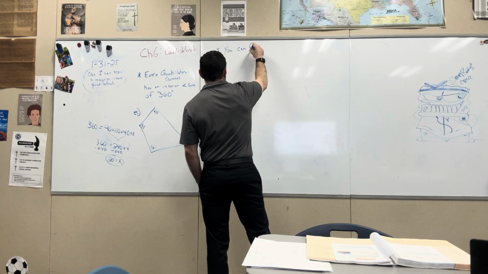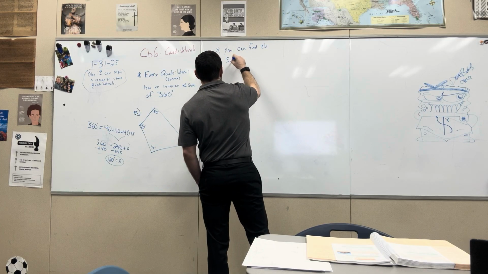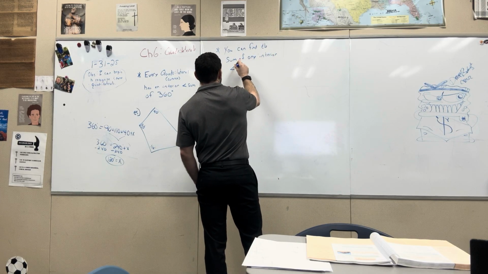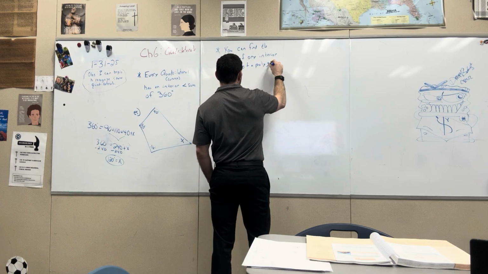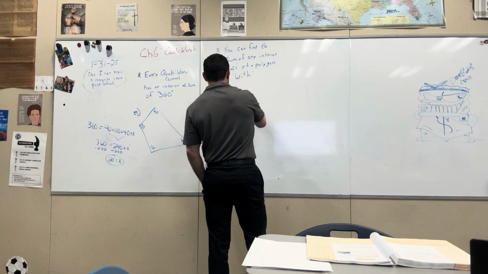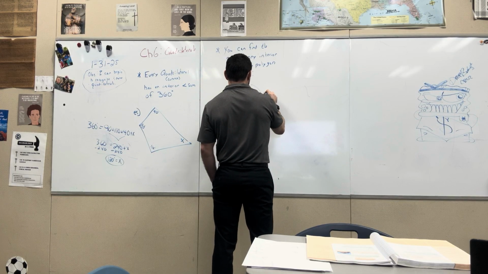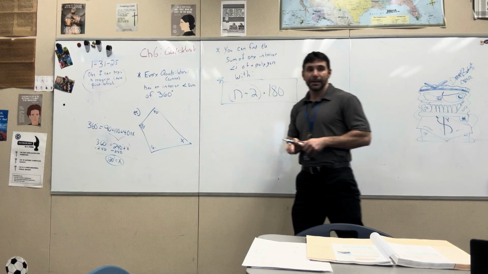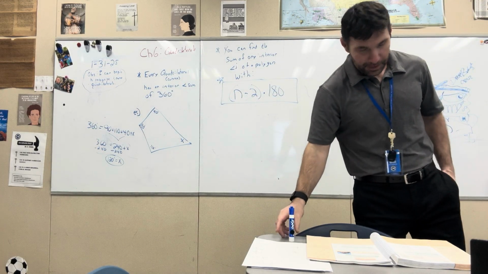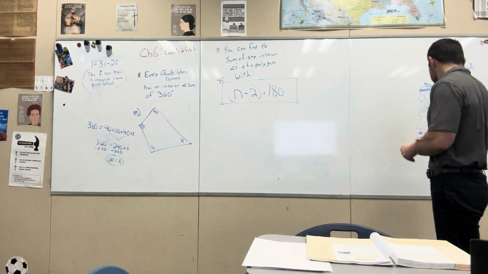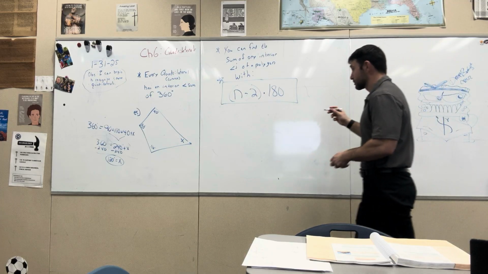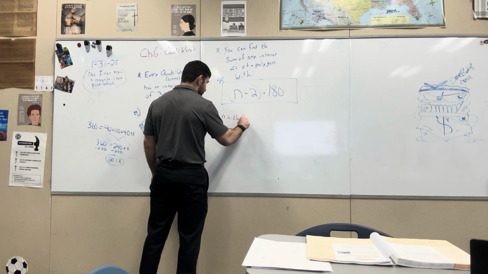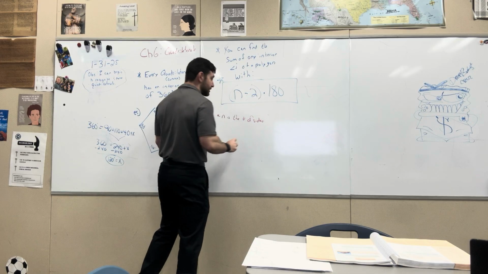Okay? So, with that same idea, you can find the sum of the interior angles of a polygon with n minus 2 times 180, where n, let me write this, I'll put a little note here, n is the number of sides.